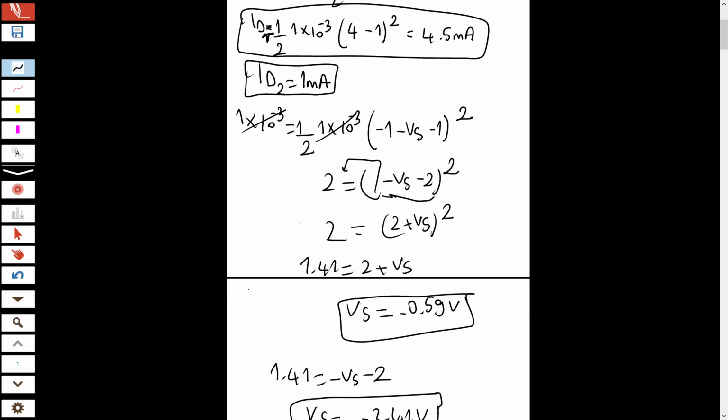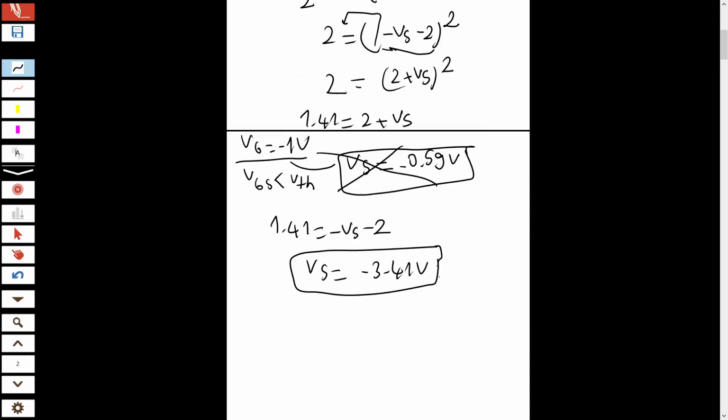If V gate is minus 1 volt and V source is minus 0.59 volt, then VGS is less than V threshold, so this is not correct. V source equals minus 3.41 volt.